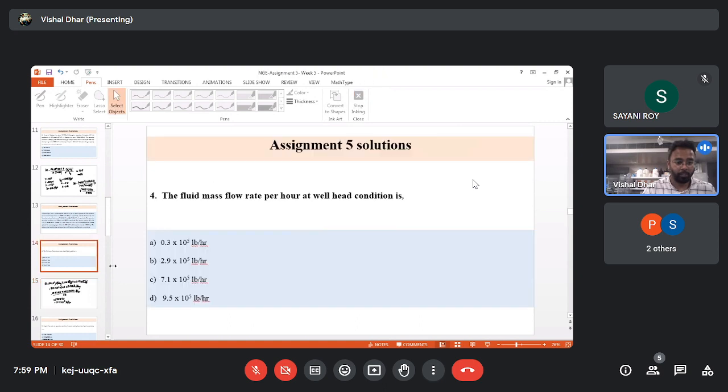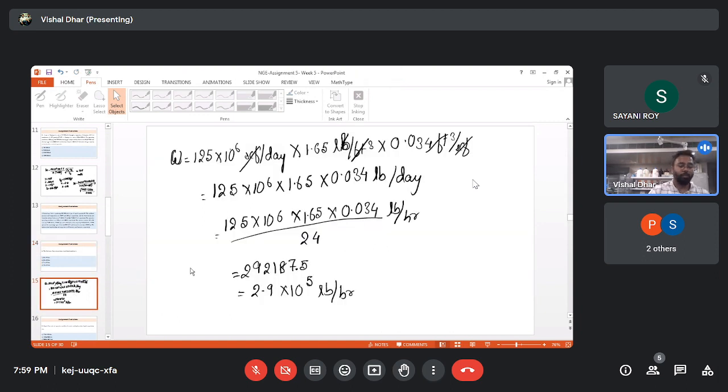So the correct option is 2.9 into 10 to the power 5 lb per hour, option 4. So copy down the numerical, then we'll be going to the next numerical.